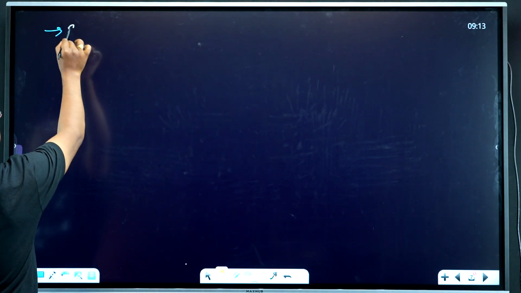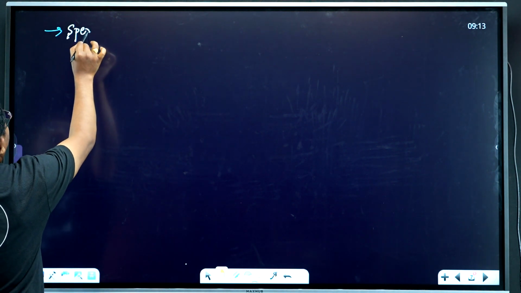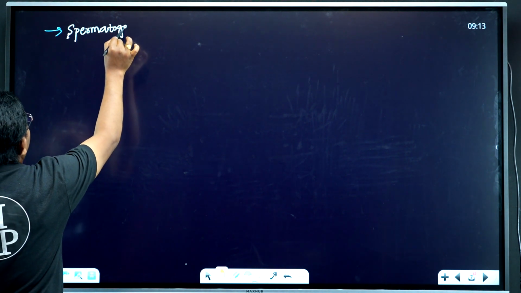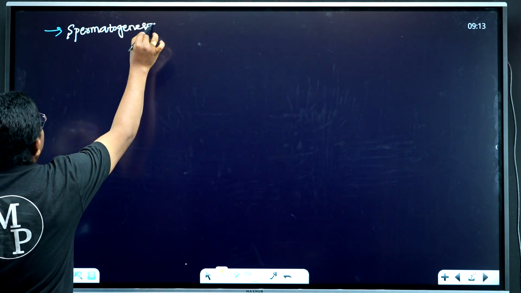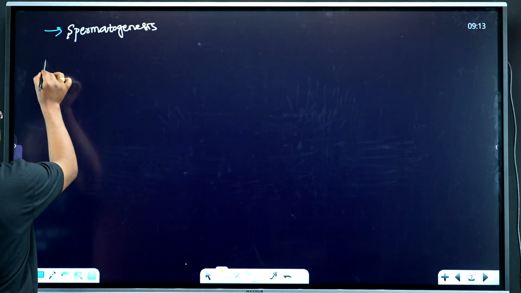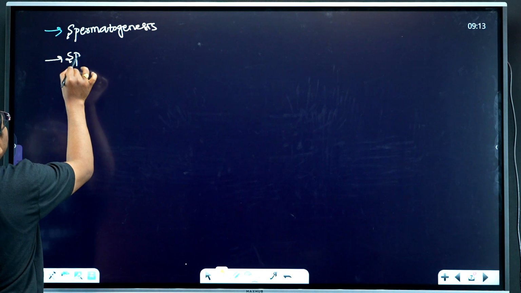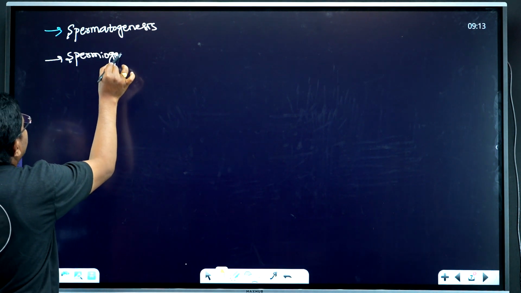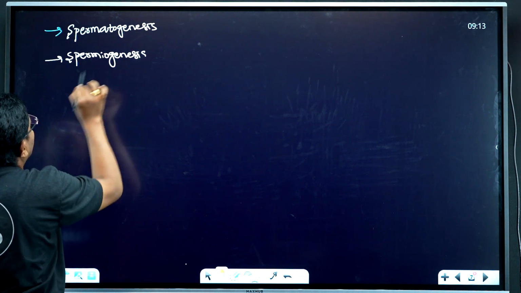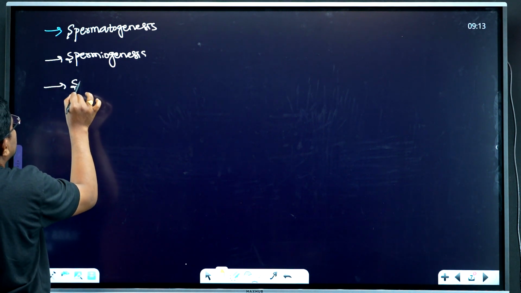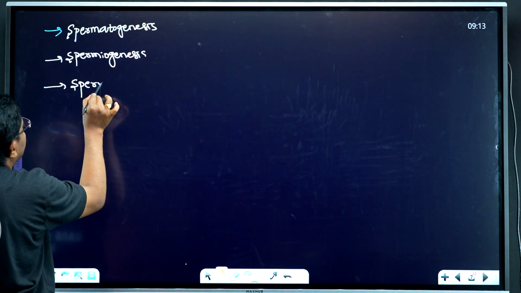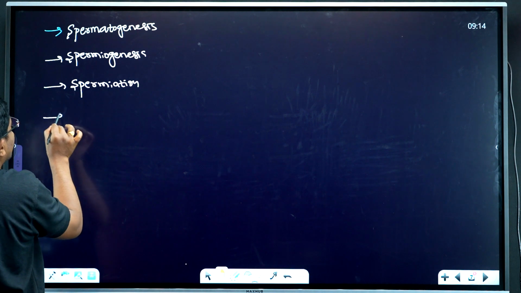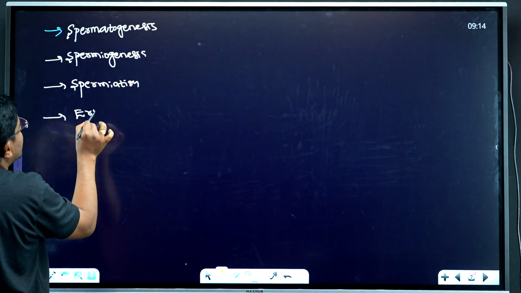First, what is the meaning of spermatogenesis? What is the meaning of spermiogenesis? What is the meaning of spermiation? What is the meaning of erection?